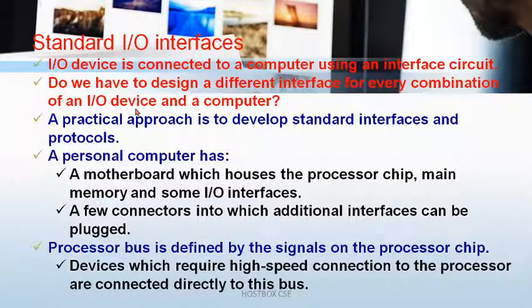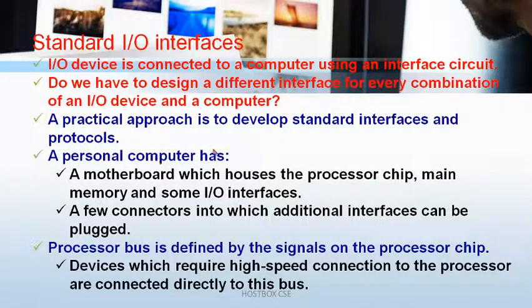Now the question arises: do you have to design a different interface for every combination of an IO device and computer? Is it possible to design different IO interfaces for different computers? Not possible. So the practical approach is to develop standard interfaces and protocols. These standard interfaces count for most types of computers, like laptops, workstations, even supercomputers.